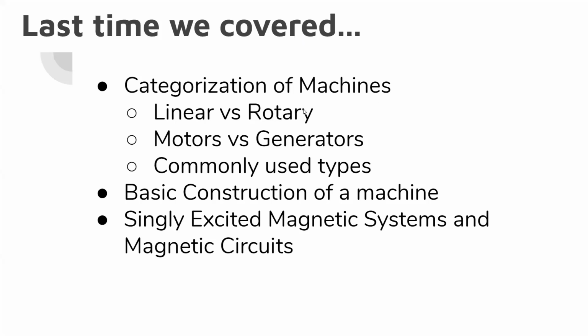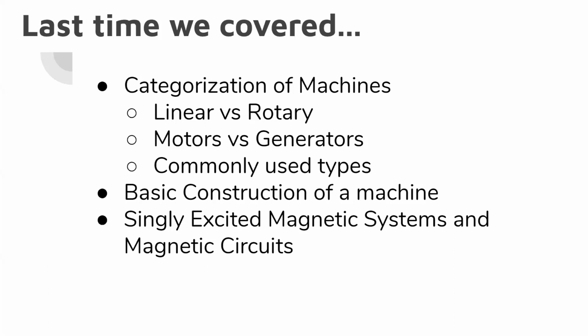You cannot unmute yourself. And so there we learned about these categories, and we got to know about the commonly used types of machines. Thereafter, we discussed the basic construction of a machine, the main important parts that you would generally find in a machine. And then we got to the last part, singly excited magnetic systems.